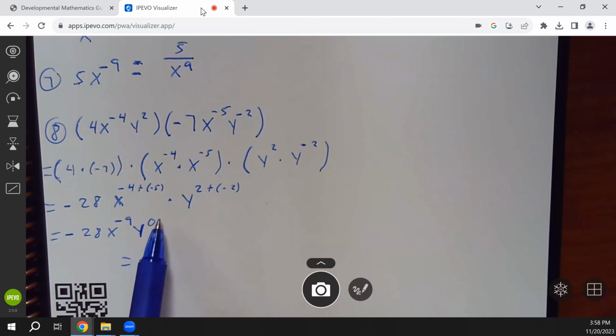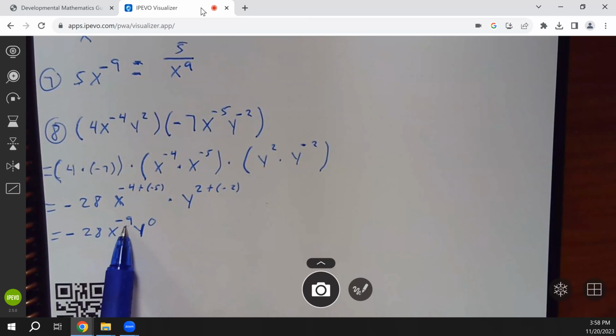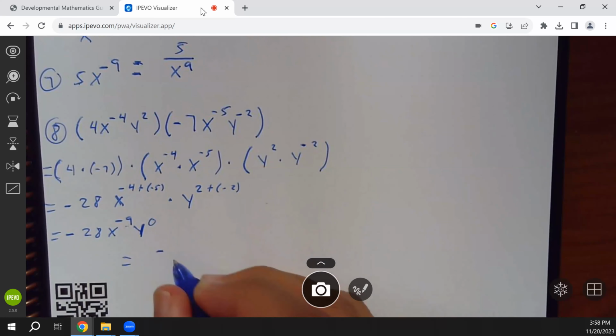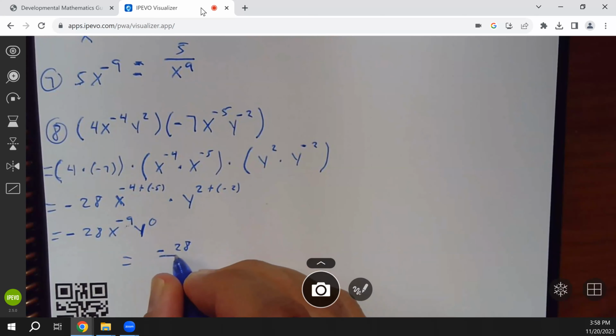This will be gone. It's just the 1. What do we do with the -9 on the x? Yeah, just bring it to the bottom, right? That's it. We're done.